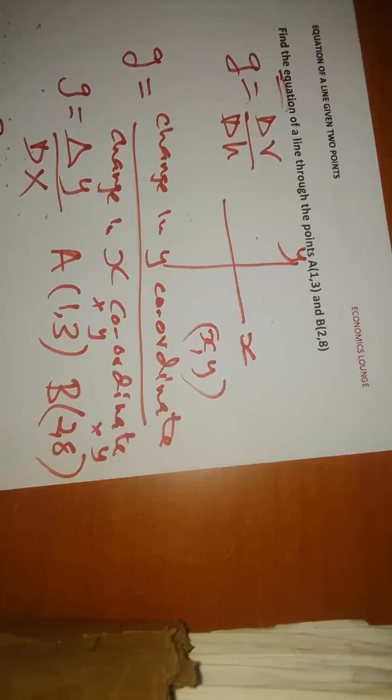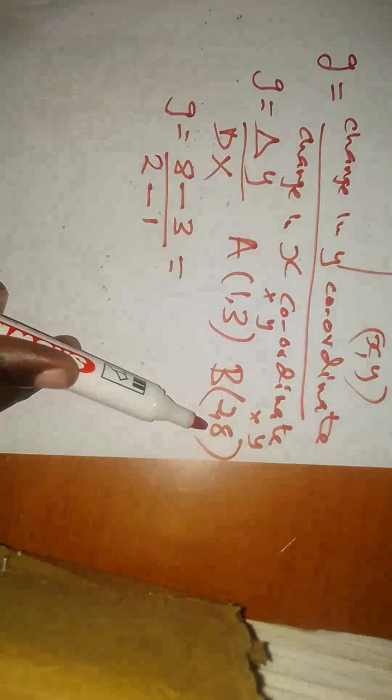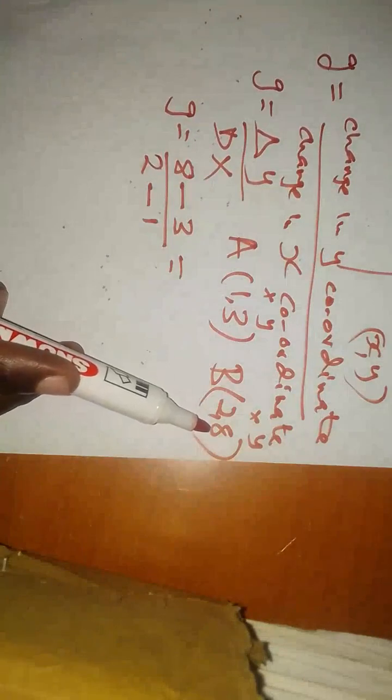So the gradient here is going to be given by 8, which is the y coordinate for point B, minus the y coordinate of point A, which is 3, so 8 minus 3.